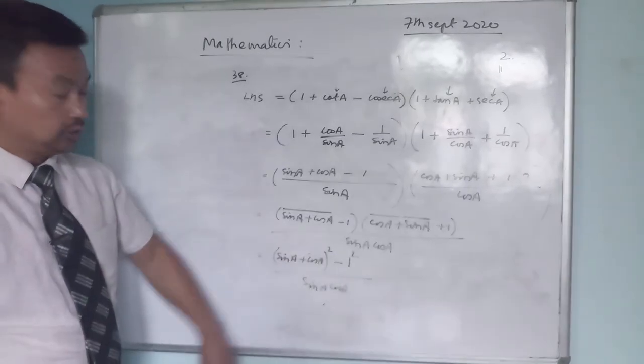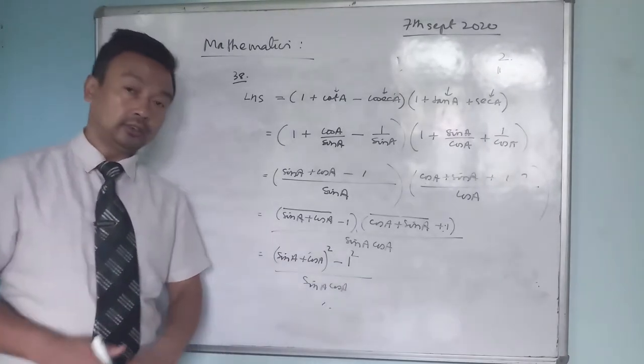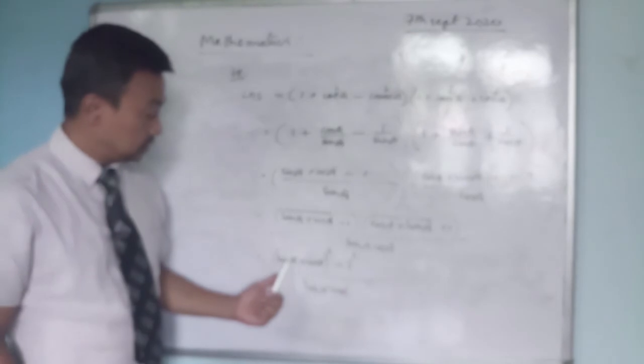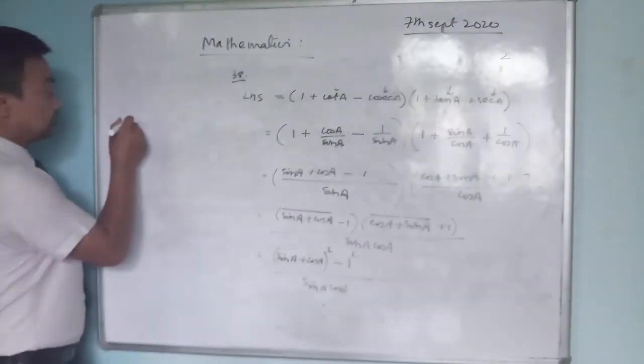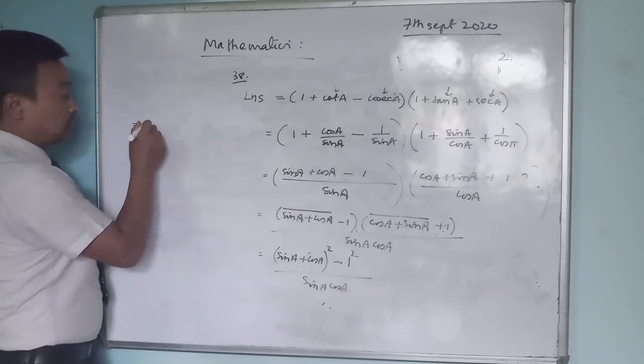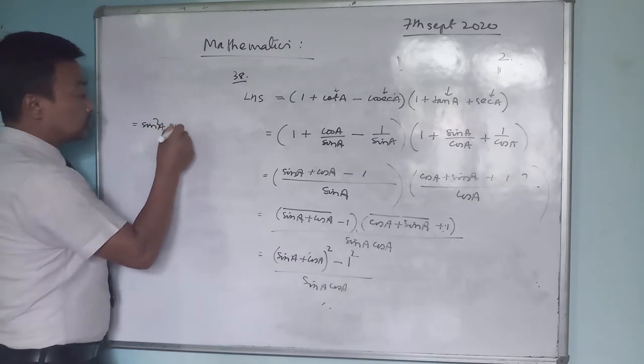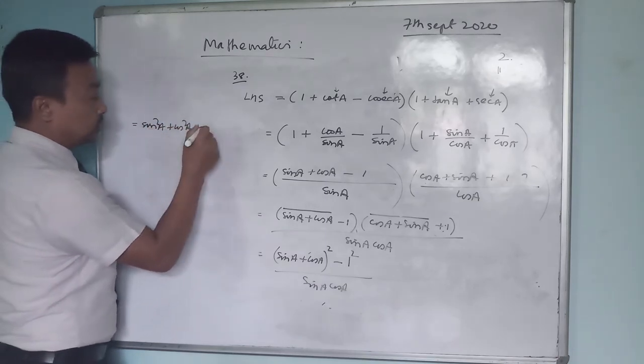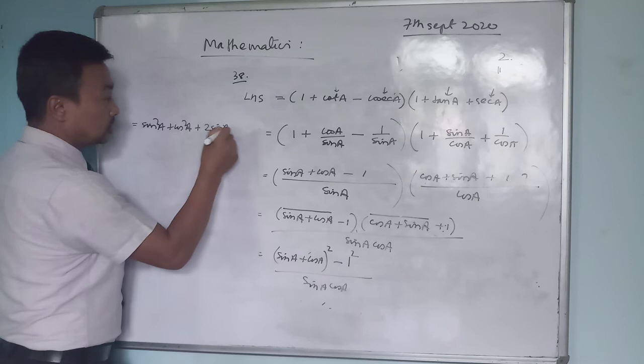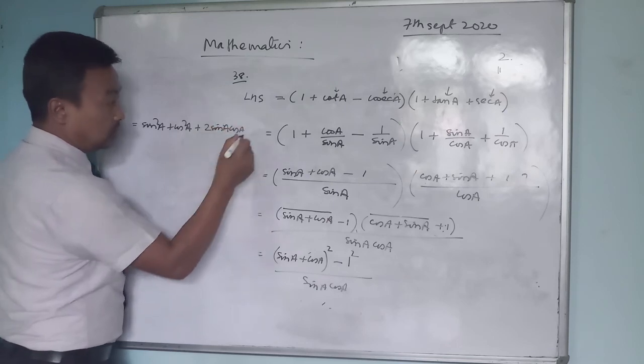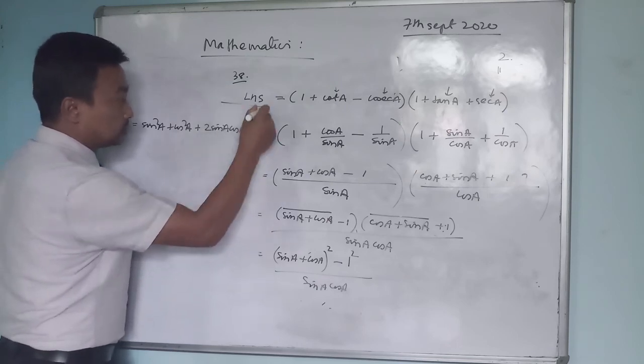Now here you use a very basic formula of the algebra, a plus b whole square. A square plus b square plus 2ab minus 1.